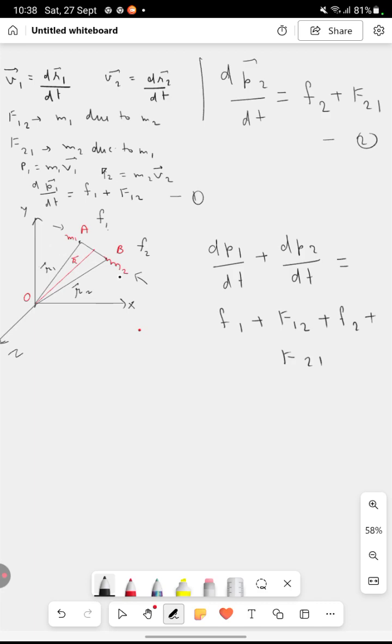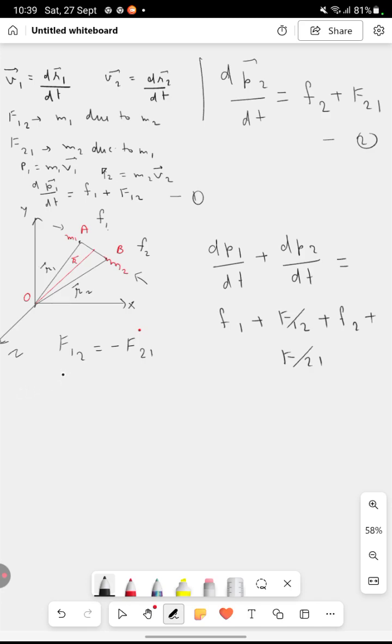Both forces are acting in opposite directions and are equal, so F12 equals minus F21. So both of these will cancel out because they are equal and opposite.